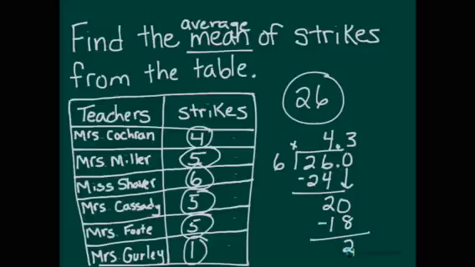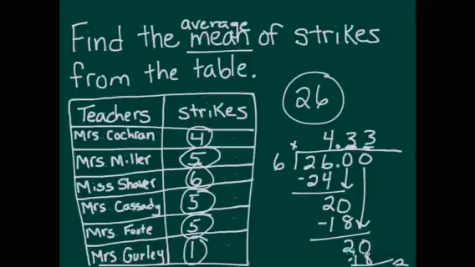Subtract, I get 2. I'm going to extend this, bring down another 0. This is looking like a repeating decimal. 6 goes into 20 3 times. 3 times 6 is 18. Subtract, I get 2 again. Once I go to 2 decimal places, I'm going to stop.